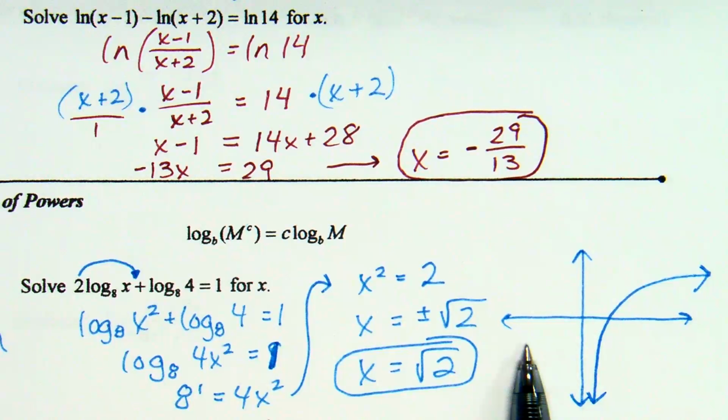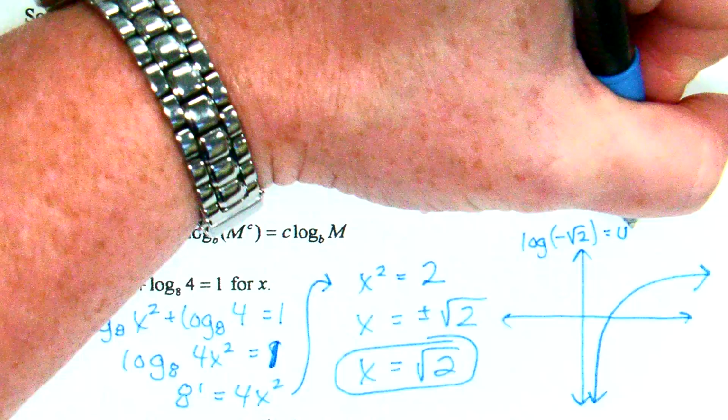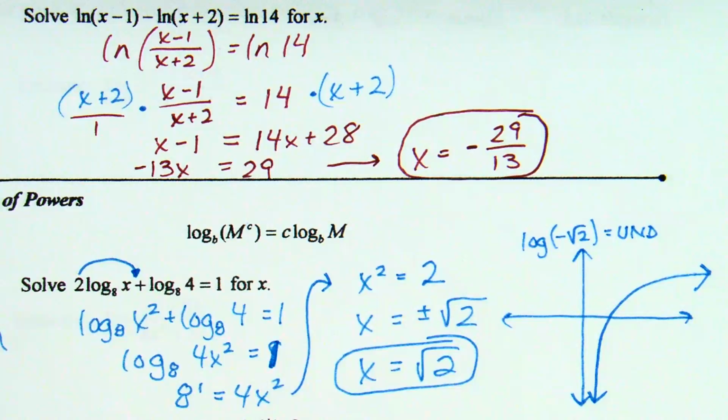No. Okay. So that is the idea there. So log of negative square root of 2 is undefined. Would we need to state that? No. I'm just giving you the background of how you can think about it.